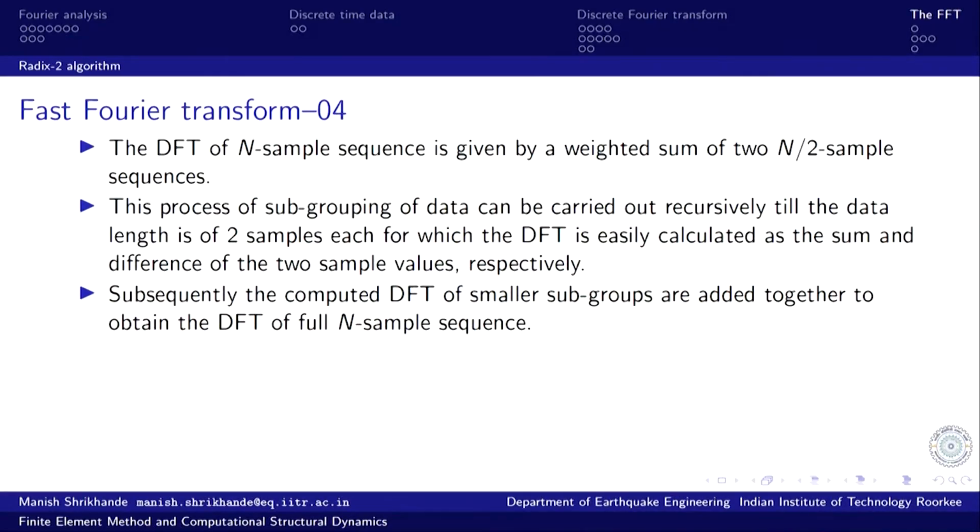Subsequently, the computed DFTs of smaller subgroups are added together as a weighted sum, as we said, with integer powers of the complex exponential, to obtain the DFT of the full n sample sequence.